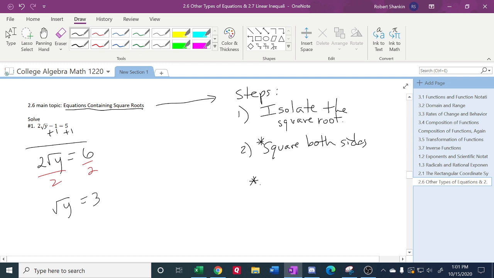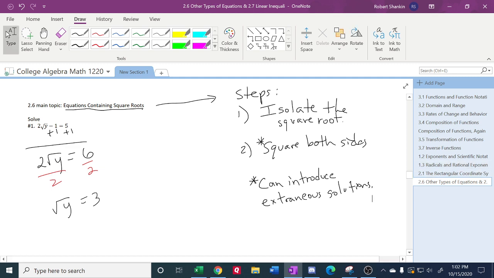When you square both sides, this step can introduce extraneous solutions. Something that isn't really a solution, the solution process will tell you it is a solution.